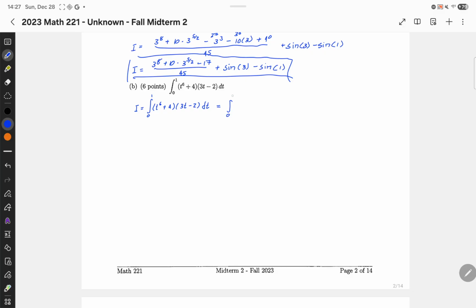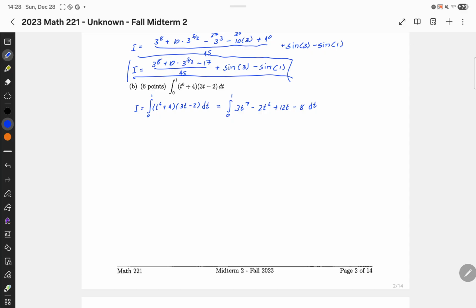So you have the integral from 0 to 1 of this is going to be t to the 6th times 3t, which is going to be 3t to the 7th, minus 2t to the 6th. Now moving on to this 4, we have plus 12t, and then minus 8. Now I'm just foiling these two terms, dt.